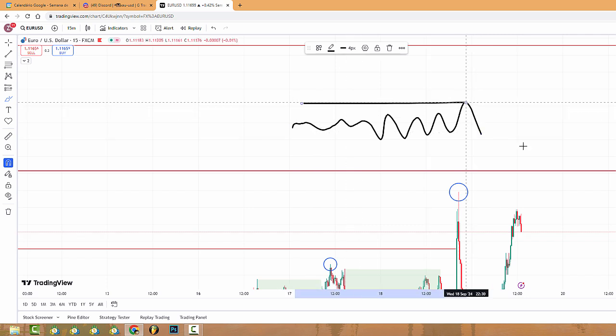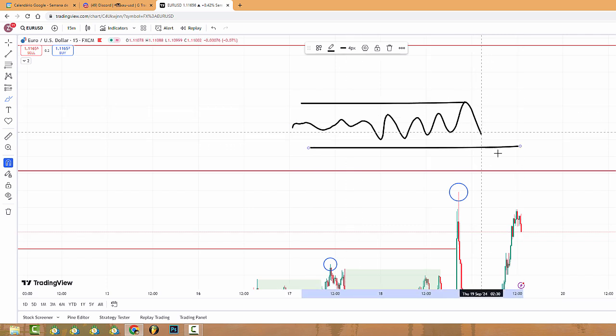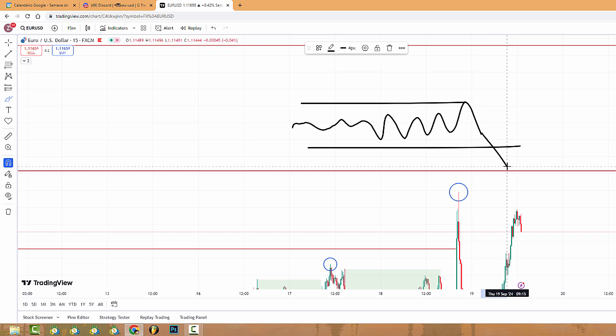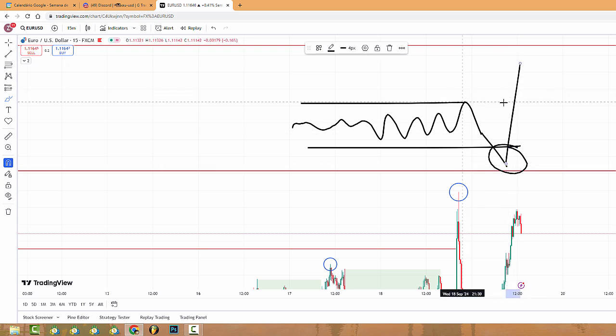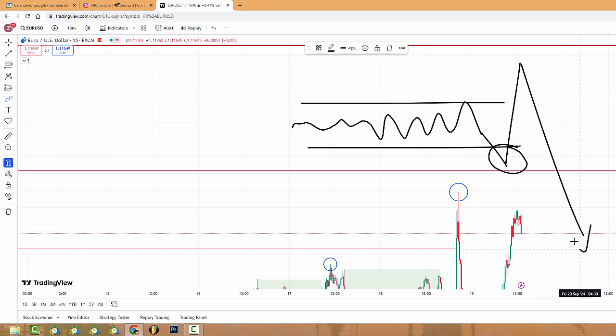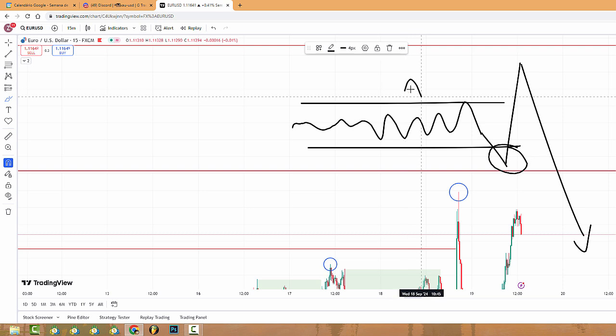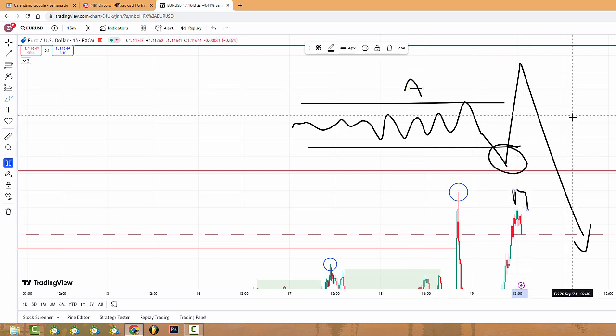You have this box, okay, and then price just decides to liquidate the bottom or liquidate the high, and then just move to the next target, and then it might deliver the correct movement. So essentially here you have the A, the M, and the D: accumulation, manipulation, and distribution.